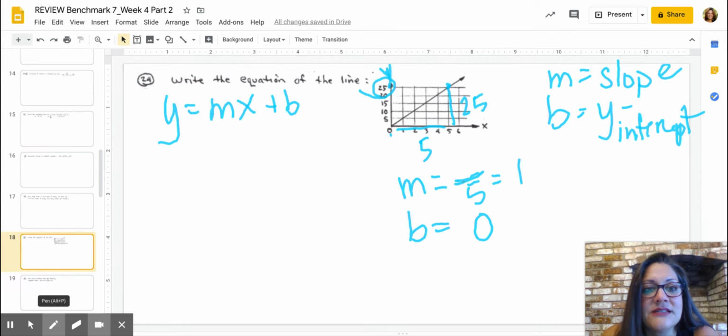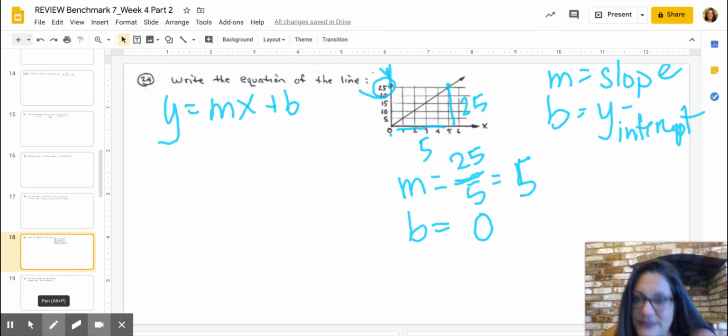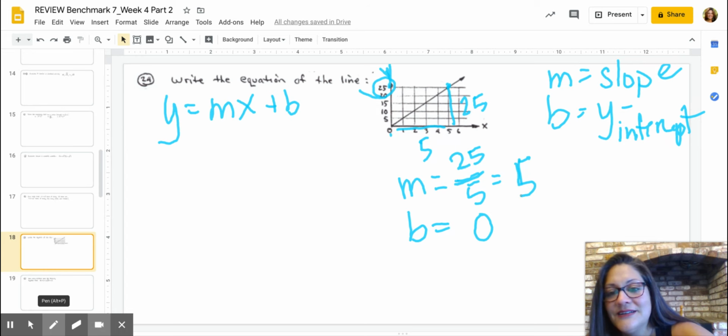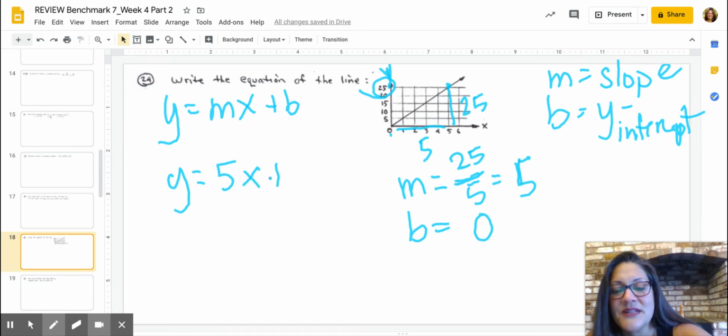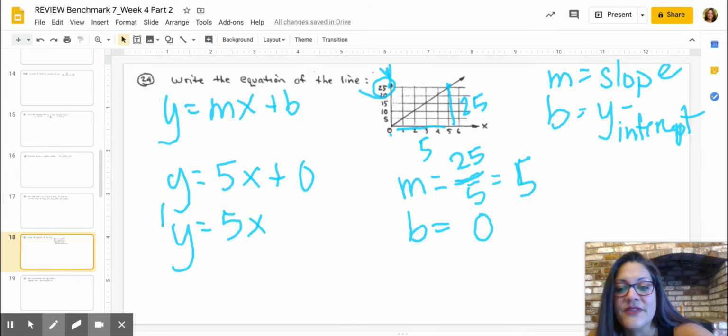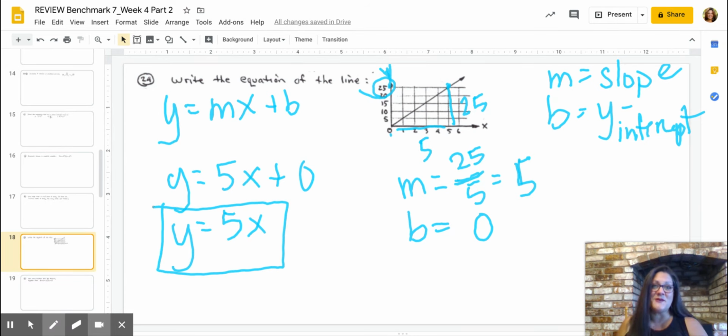So 25 over 5 means that I have a slope of 5. So y equals 5x plus 0, which is the same as y equals 5x. That's the equation for that line.